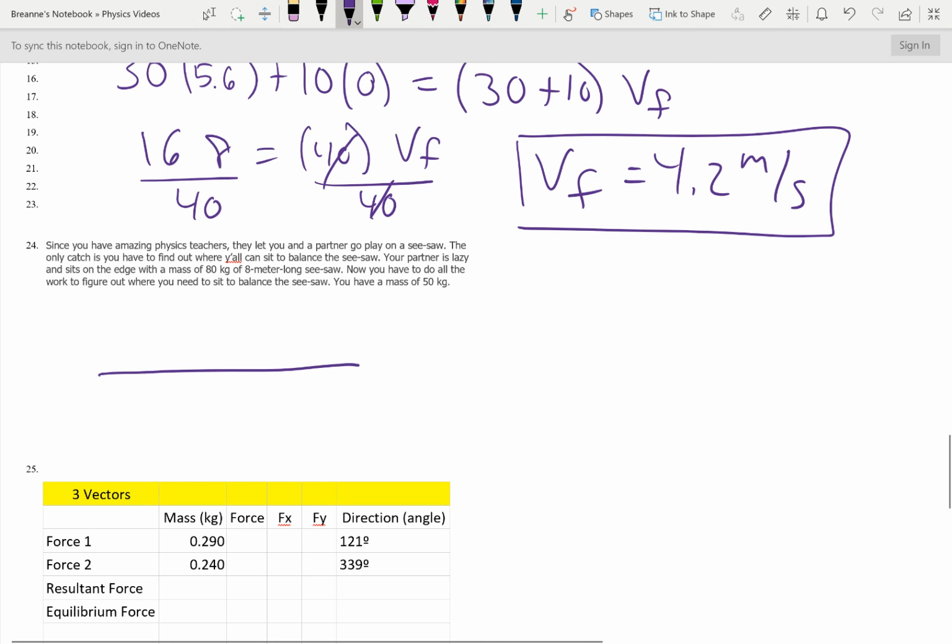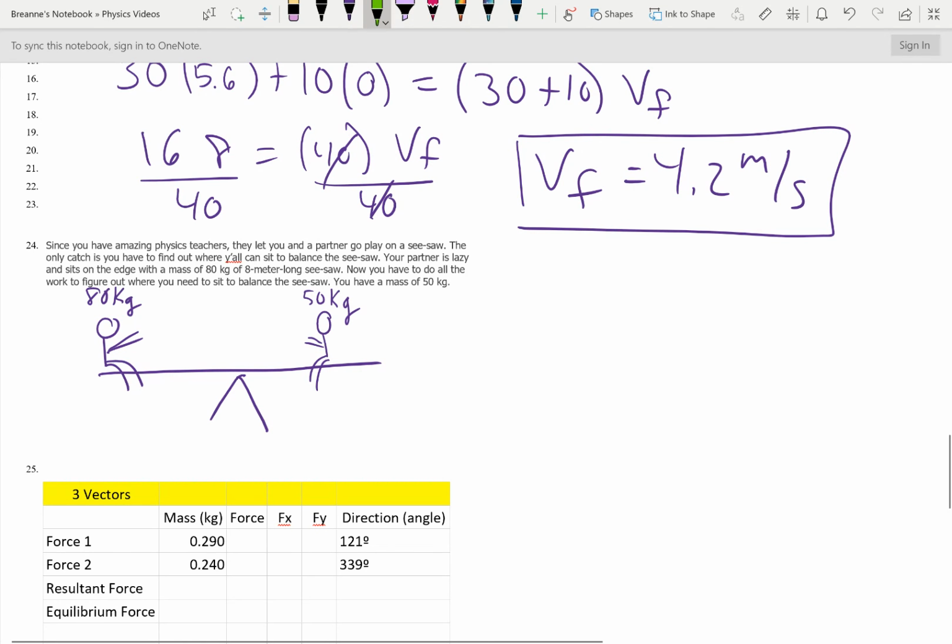So let's draw a little seesaw out. You have lazy human being over here, and they have 80 kilograms, and you need to figure out where you need to sit over here. And you have a mass of 50 kilograms.